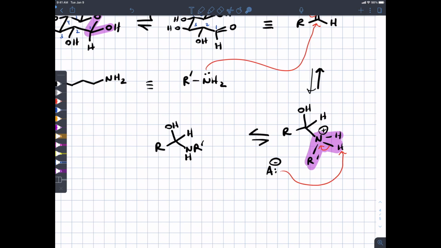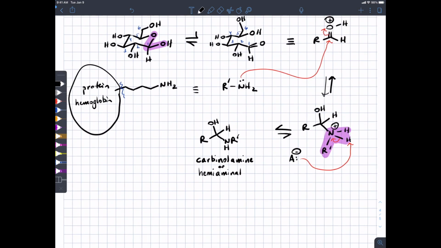This structure should look like a hemiacetal, only one of the groups, instead of being an alcohol group, is this amino group. You could call this a, well, actually what your book calls this is carbinolamine, which is terrible. You could also call it a hemiaminal, I suppose.